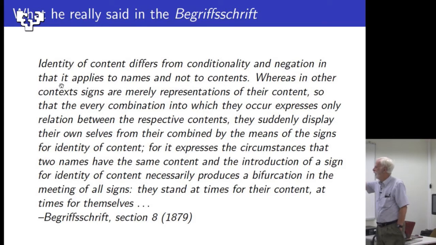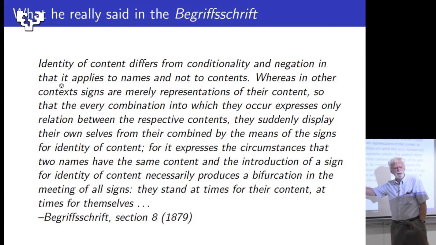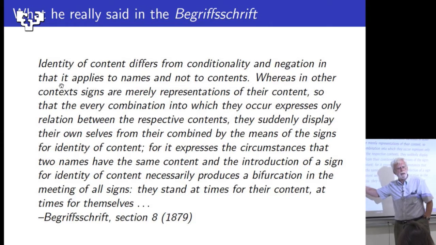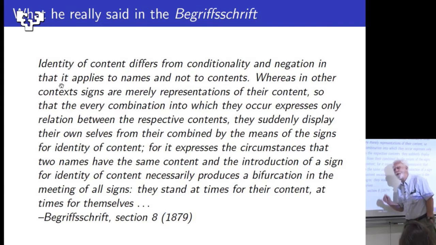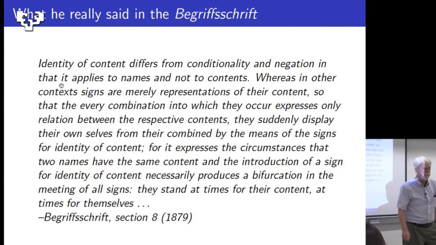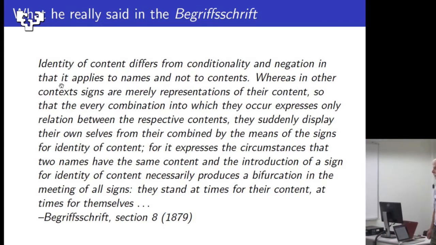Anyway, so a bifurcation in the meaning of all signs, that's a religious conception that Frege had about all of the signs. They stand at times for themselves and at times for their content.